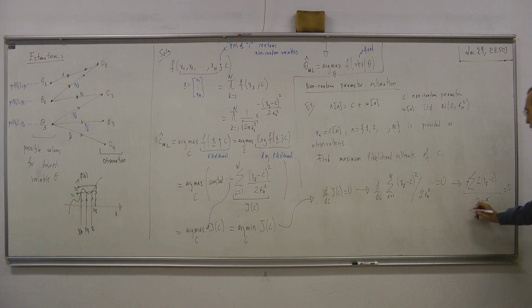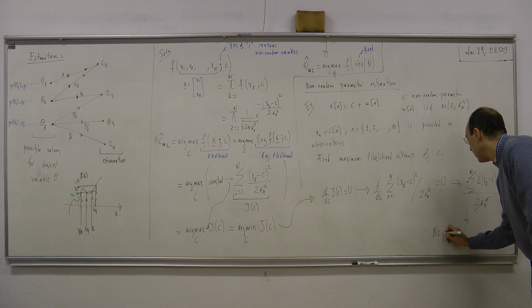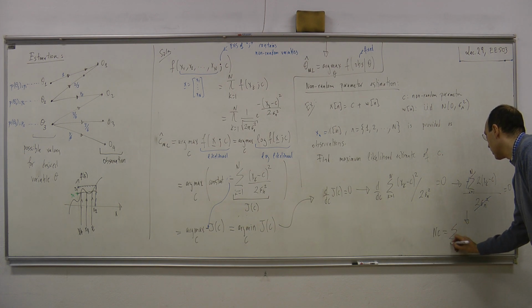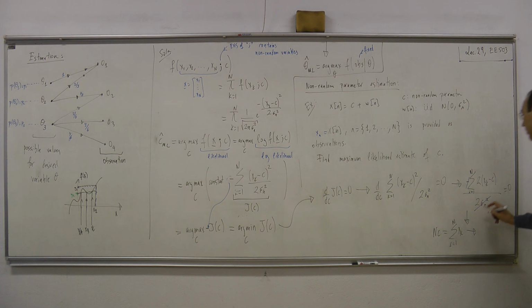Now what do I have? The solution of this becomes, with k from 1 to n, N times c equal to the summation of xk. Separate the c.